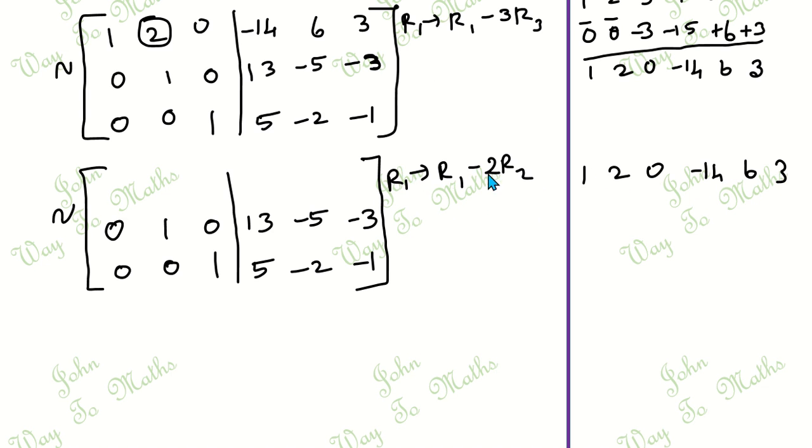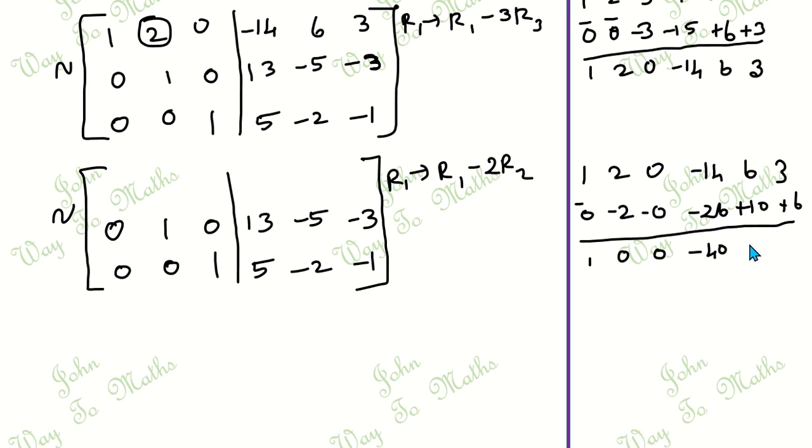R2 multiplied by 2 gives 0 2 0 26 minus 10 minus 6. Subtracting, we get 1 0 0 minus 40 16 9. So we enter 1 0 0 minus 40 16 9.